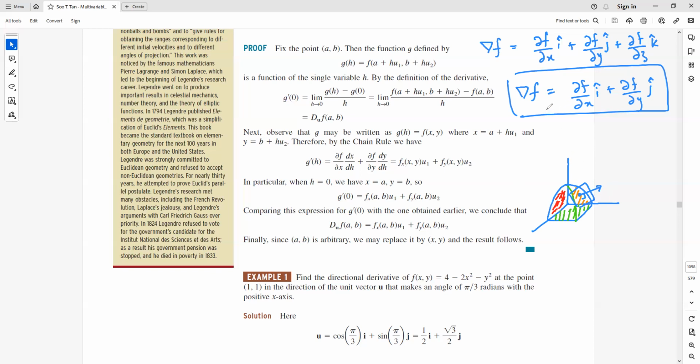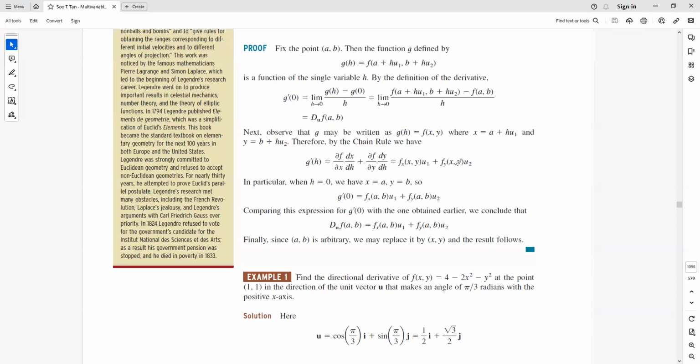Now to compute the gradient, we need to find the partial derivatives of the function with respect to the given independent variables. We know how to find the derivative. If we want to find partial f with respect to x, we get negative 4x, and partial f with respect to y, we get negative 2y.